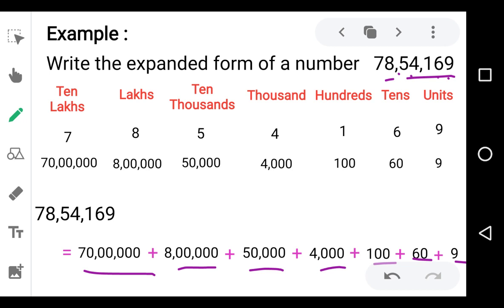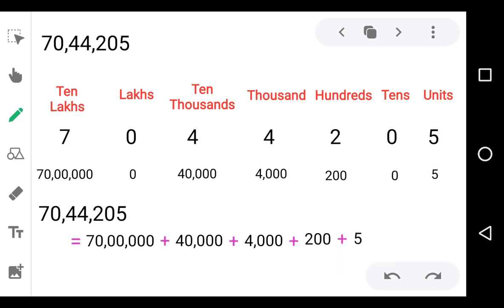Now let's see one more example. Here the number is 70,44,205. See here, 7 is at 10 lakhs place, so its place value is 70 lakh. And in the lakh place, 0 is there, so place value of 0 is 0. There is no need to write. 4 is in the 10,000 place, its place value is 40,000. 4 is in the 1,000 place, its place value is 4,000. 2 is in the 100 place, so it is 200.